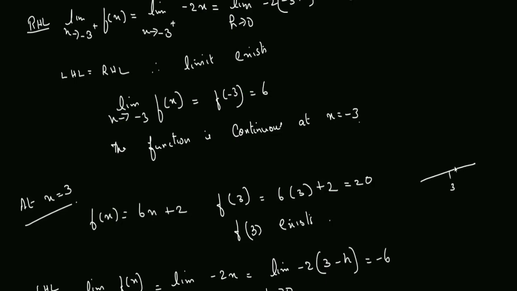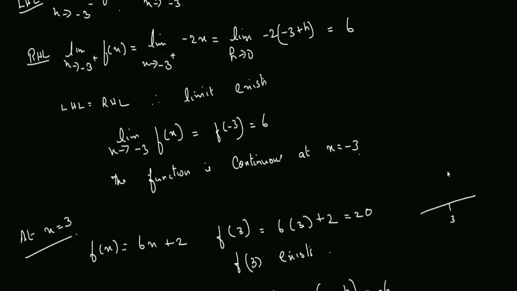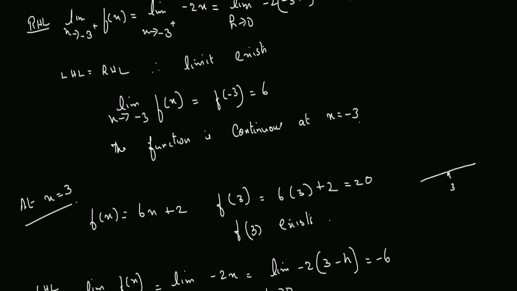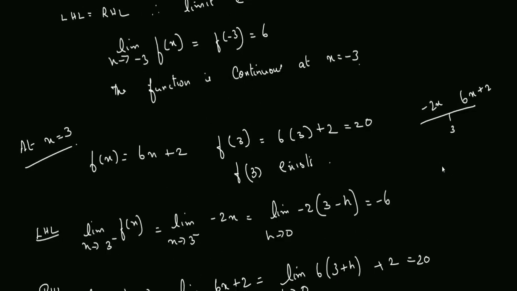So right side of 3, what is the function? Right side of 3, the function is 6x plus 2. Sorry, left of 3, the function is minus 2x.